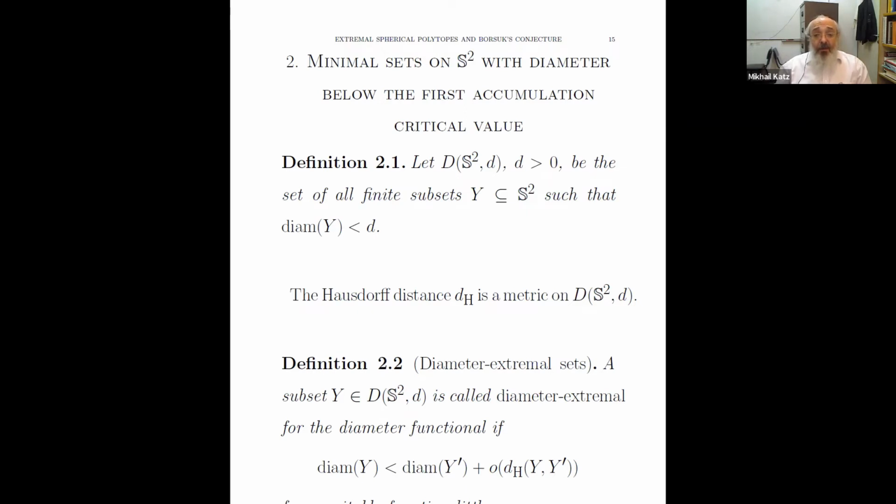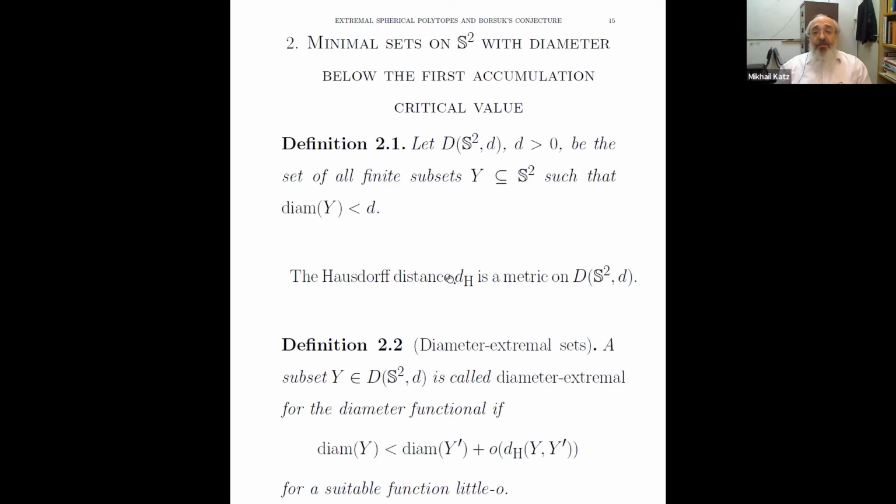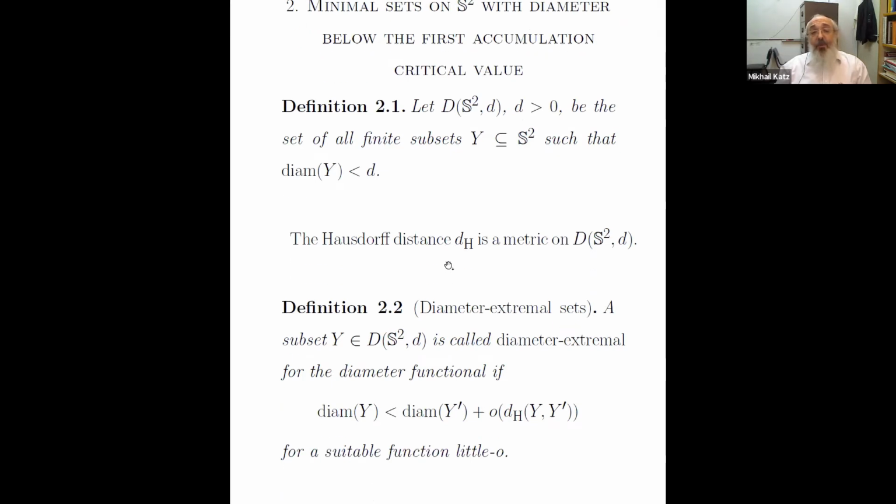And the diameter extremal sense, which is a notion slightly different from pointwise extremal: a subset is called diameter extremal if, what I want to say is, it's a local minimum of the diameter functional, but it's a little more general than that. It's a local minimum up to a quadratic term. So its diameter is going to be less than the diameter of nearby sets up to a little o function.